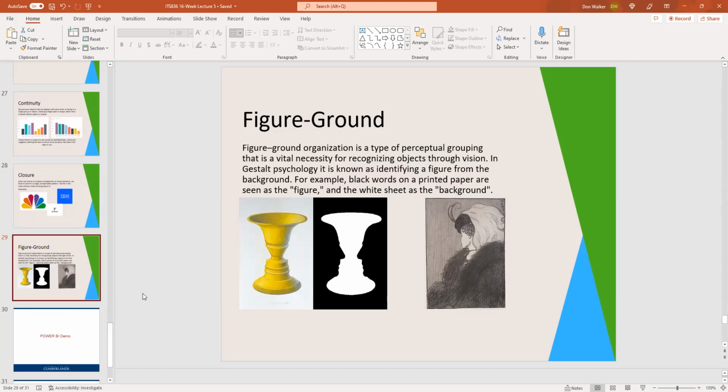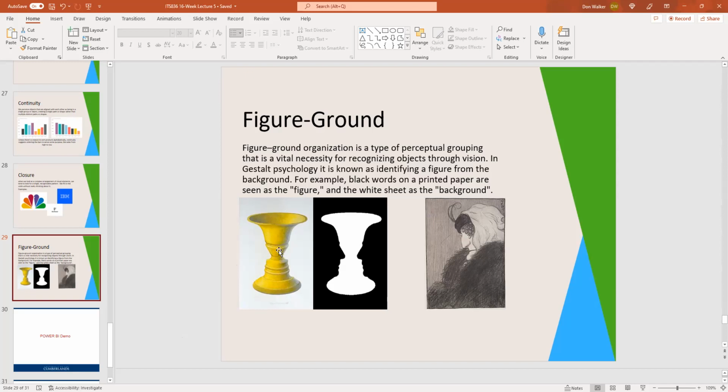But a couple of classic indicators of this are like this vase. It's kind of complex, and it's in the foreground because of the plain white background, and it's got the more complex shape and shadowing.